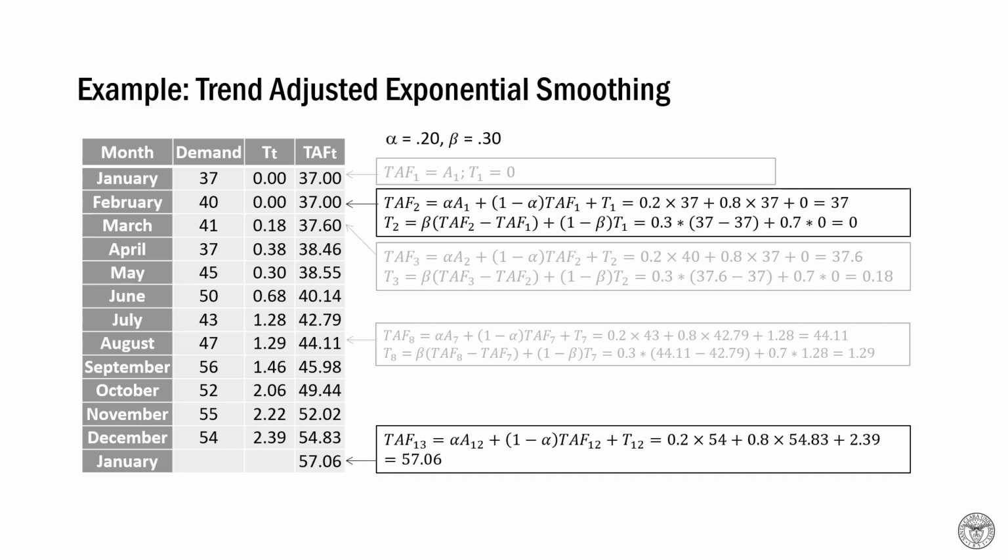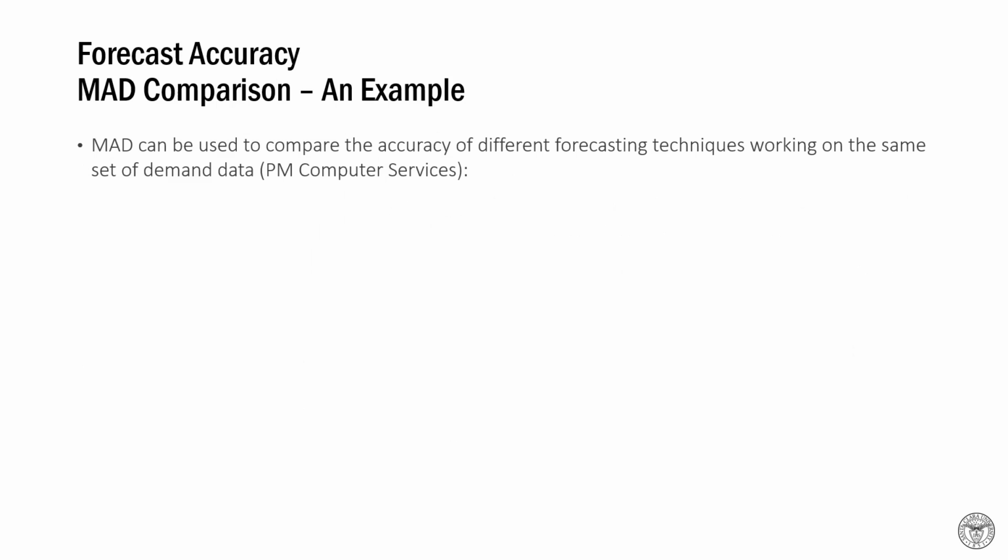The mean absolute deviation, MAD, provides a statistical measure for comparing the accuracy of various forecasting techniques on a particular set of demand data.